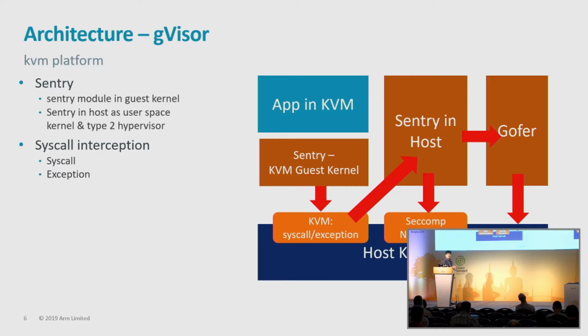For the KVM platform, gVisor added two features. One feature is a type 2 hypervisor in the Linux host, and another is a small application in the kernel mode in KVM.